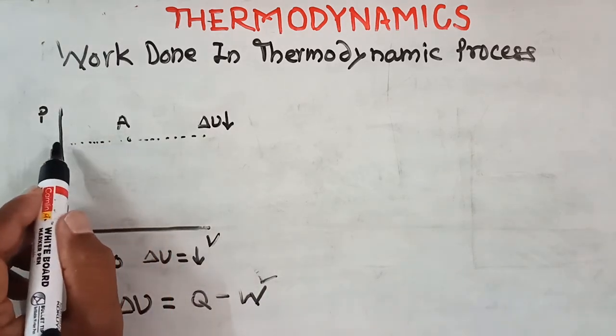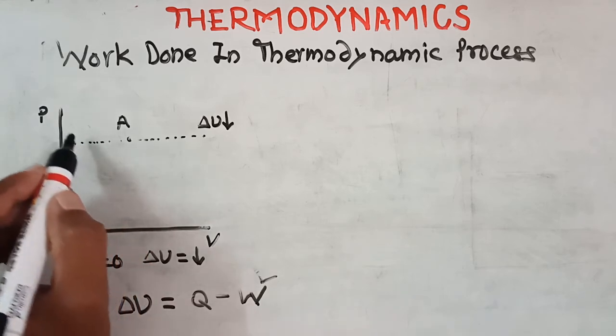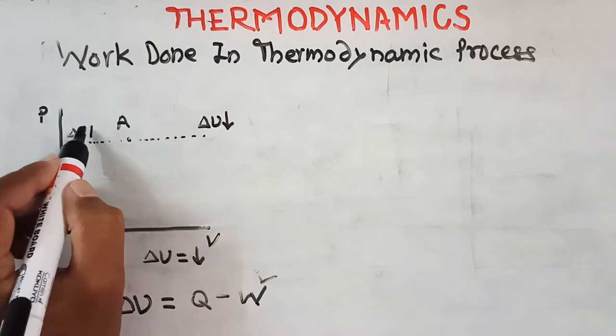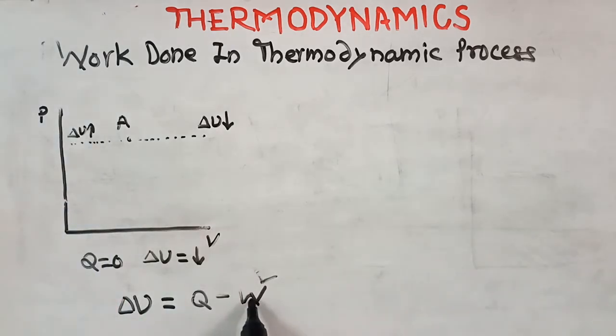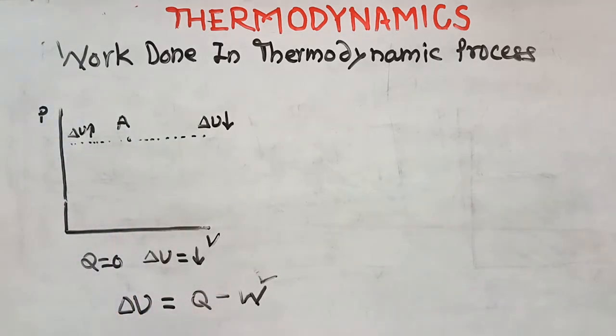And if we go in this direction, this is compression, then the work is done by the piston on the gas, and that's why del U increases, because W is negative and Q is 0. So del U in this case goes on increasing.